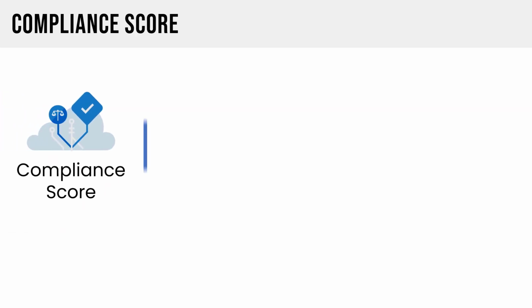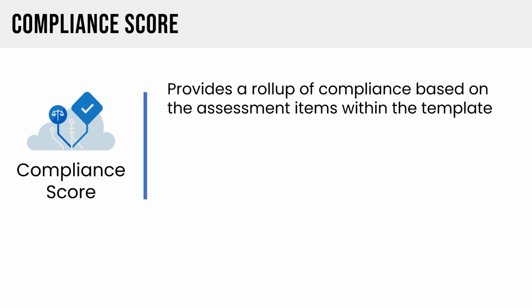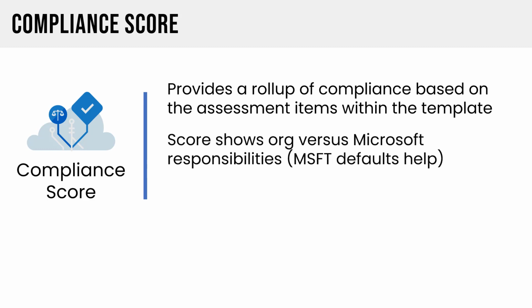And when we look at that compliance score, which is part of Compliance Manager, it provides a roll-up of compliance based on assessment items within the assessment templates. So think of it as like a baseline that has specific assessment items that all roll up into the overall compliance score for the regulatory requirement we're deploying as an assessment.